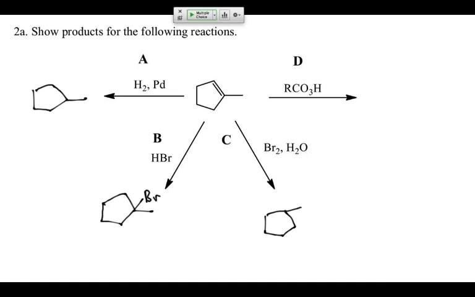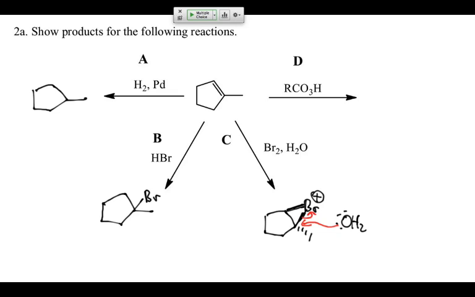So, for example, if this is the bromonium ion, if the bromine came from the front, now the water is going to attack where? The water is going to attack the more substituted carbon, so it's going to be OH2. It's going to attack the more substituted carbon, open up the bromonium ion from the back side.